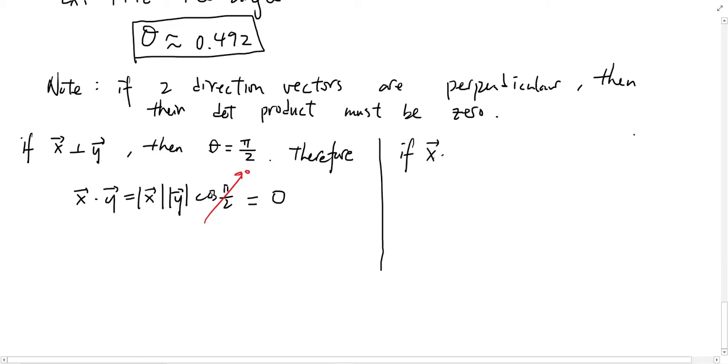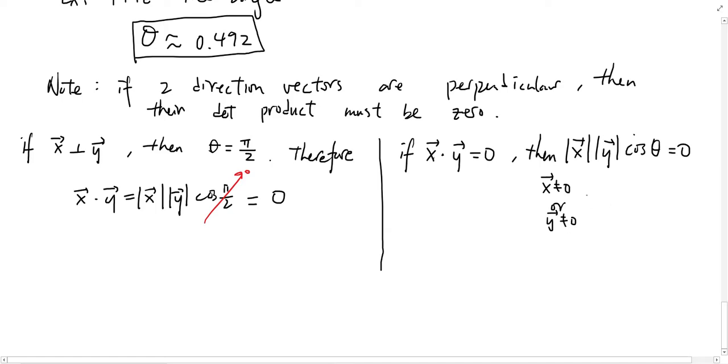If, let's say, x dot y equals 0, then what does that mean? Does that imply that the length of x times the length of y times cosine theta is equal to 0? The problem is, as long as x is not 0 and y is not 0, then the length of x and the length of y are not 0.